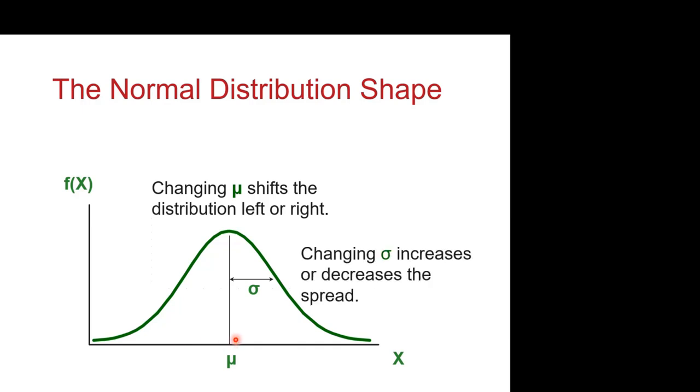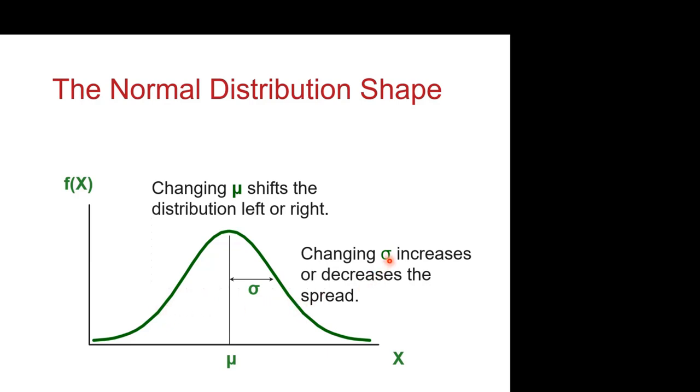Now, if you were to change the value of sigma, or the standard deviation, it will either increase or decrease the spread, or the dispersion. If the value of sigma is larger, you're going to have a more dispersed normal distribution.